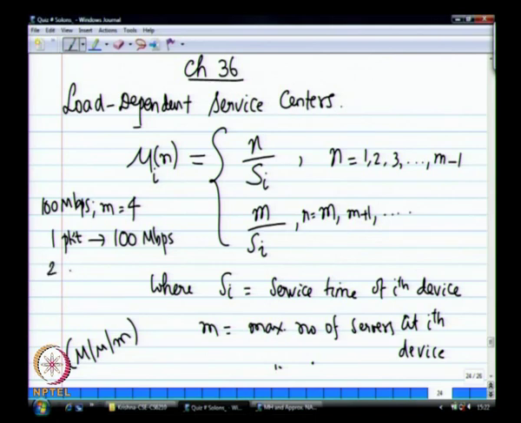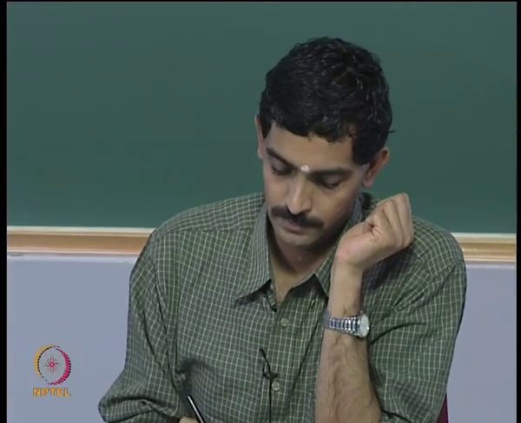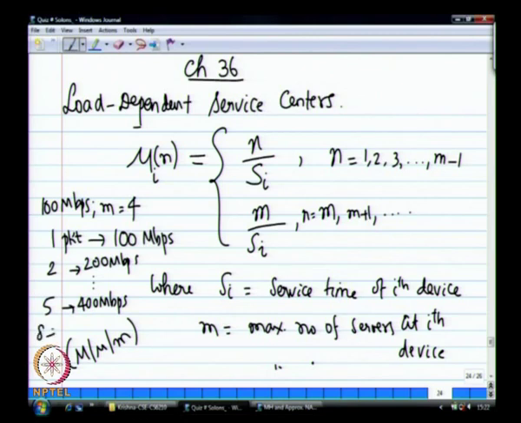When there are 2 packets being served simultaneously, it goes to 200 Mbps. When there are 5 packets in the queue, it is still 400 Mbps because the others are getting queued. The effective capacity of the server depends upon the number of customers in the queue, so even if there are 8, it is only going to be 400 Mbps.